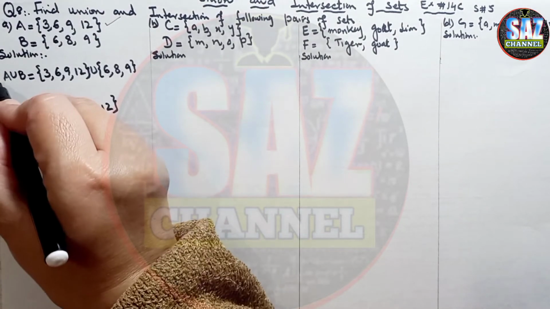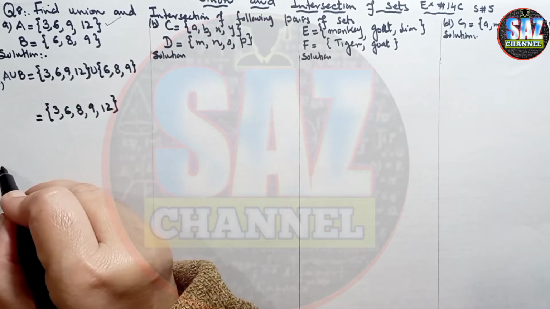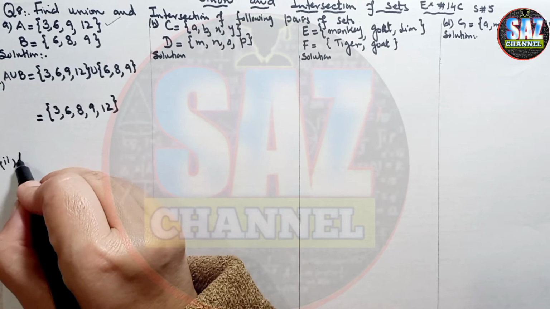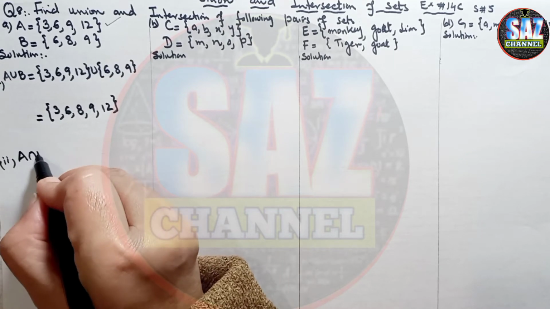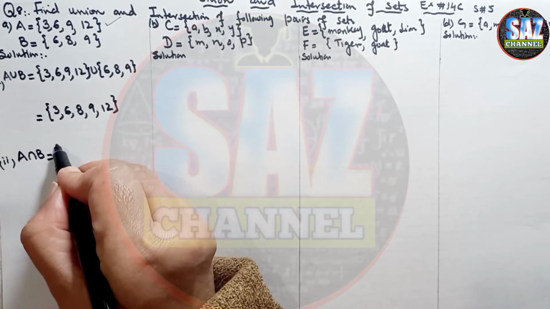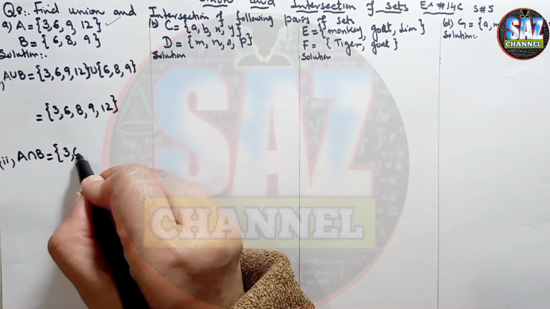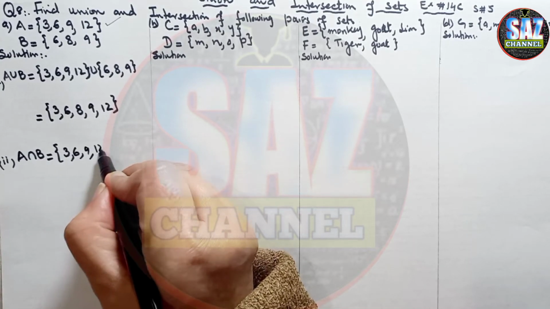Coming to the intersection, this was the first requirement, and the second requirement is the intersection. And intersection means the common element. So A intersection B will be equal to 3, that is a set A, 6, 9 and 12.